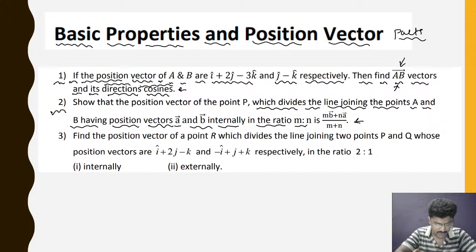So this you have to simplify. That is your section formula.